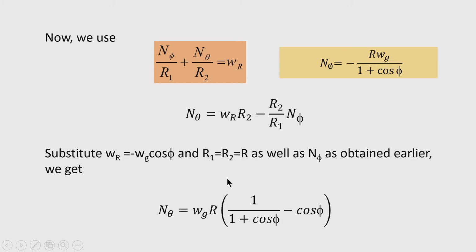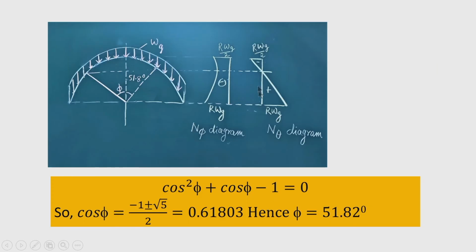So, at phi equal to 0, here you are getting 1 by 2, because cos 0 is 1. So, 1 by 2 minus 1, that is minus 1 by 2. So, at phi equal to 0, we are getting minus R W g by 2. That is the magnitude of n theta at phi equal to 0.